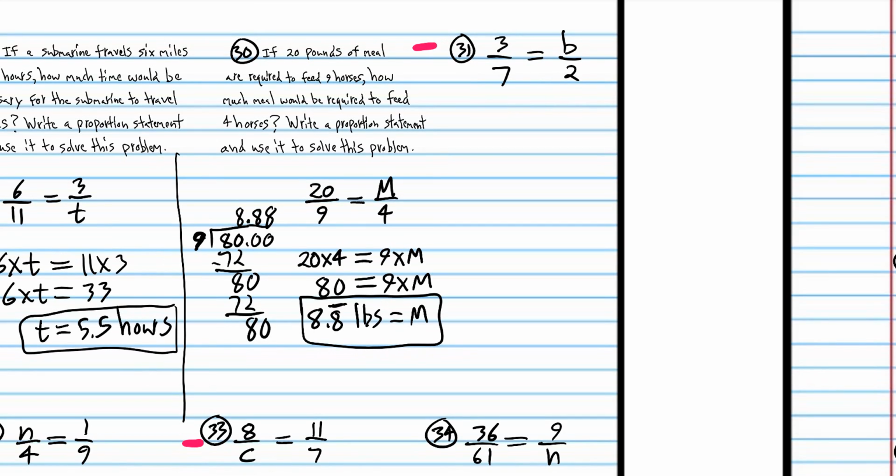For number 31, we're going to have a really difficult repeating decimal, but I'm going to show you how to write the answer as a fraction. We'll just write the answer in this case as a fraction.